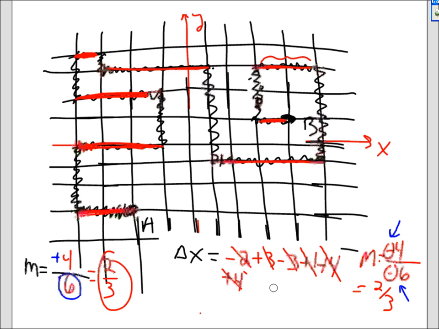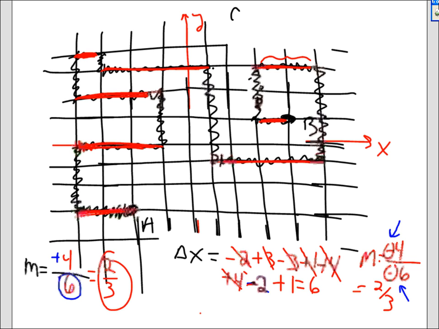If I take away 2, then the 8 should have been a 6. Take away 2 and add 1, and we would have 6. Sorry about that. Now, for the change in y, I'm going to put that up on top here.